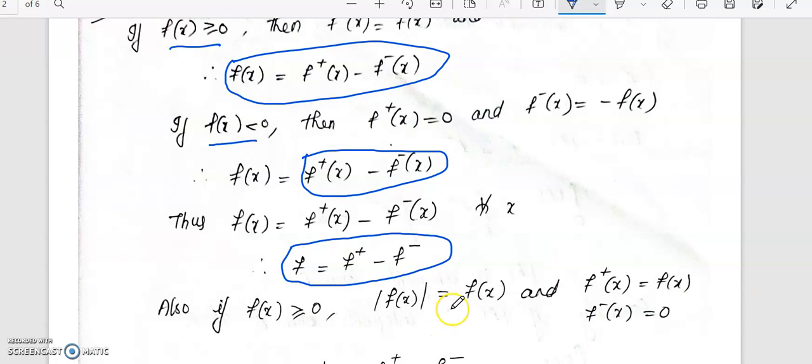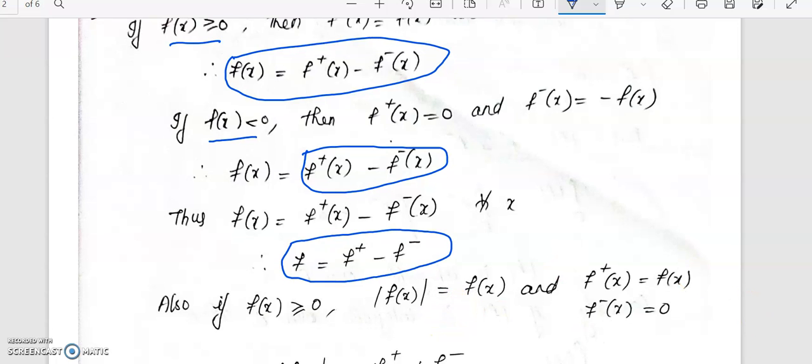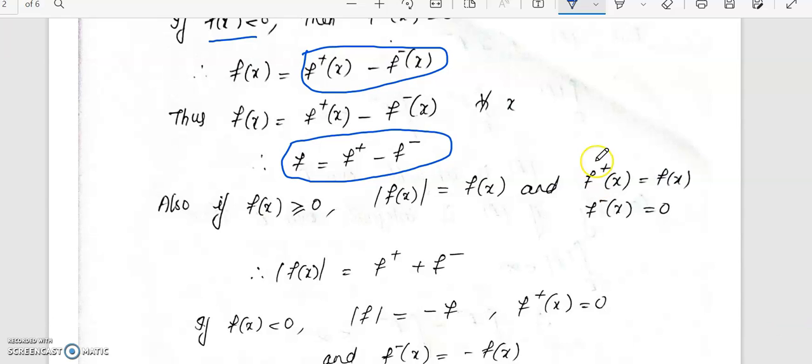Now we have represented f. Similarly, we can represent mod f using the positive part and negative part. Mod f is equal to f when f is greater than or equal to 0, and it is minus f when f is less than 0. That is the definition of mod f.